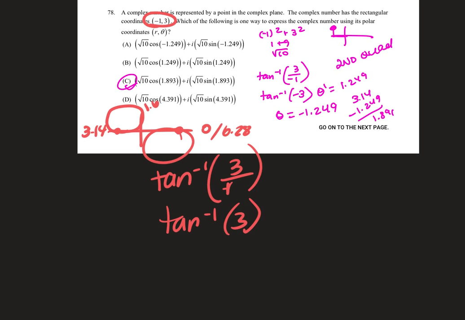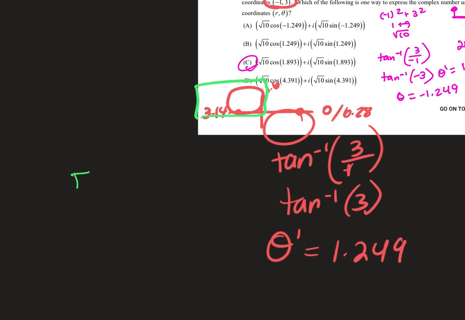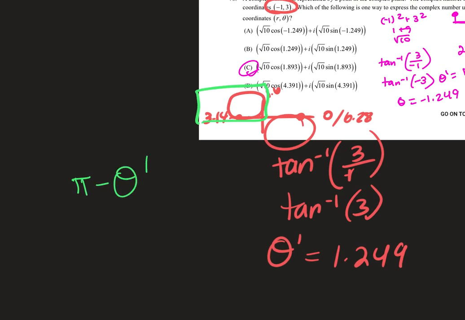And when you do that in the calculator, this is the reference angle though, 1.249. First of all, I would know that's first quadrant, so it's not right. But I want to find the angle that has that as its reference angle in the second quadrant. In the second quadrant, you do pi minus the reference angle. So pi minus 1.249 is where 1.893 comes from.